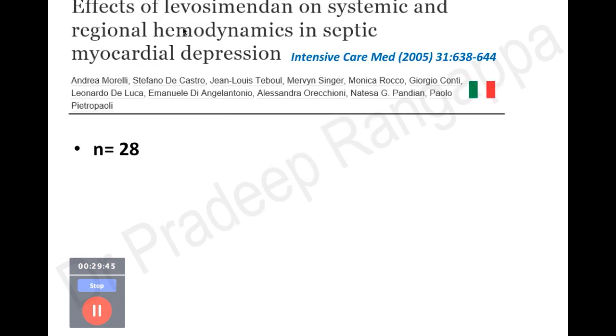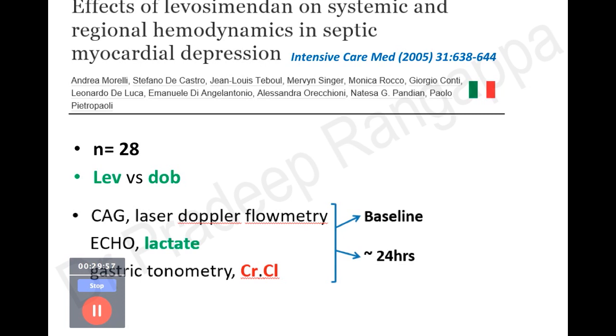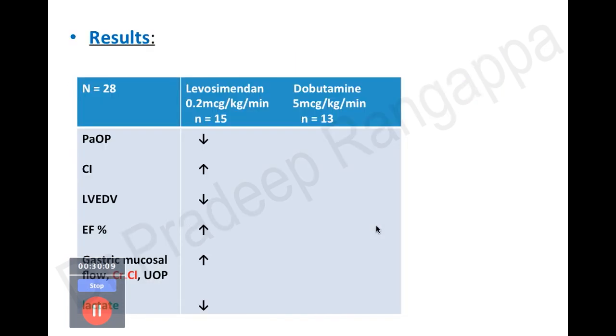So this is also of interest in ICU, where they used Levosimendan in septic myocardial depression. So this was an Italian study done in 28 patients where they compared levosimendan versus dobutamine, and they have done monitoring of laser Doppler flowmetry. They have looked at all these indices of organ perfusion like lactate and gastric tonometry and creatinine clearance at baseline and at 24 hours.